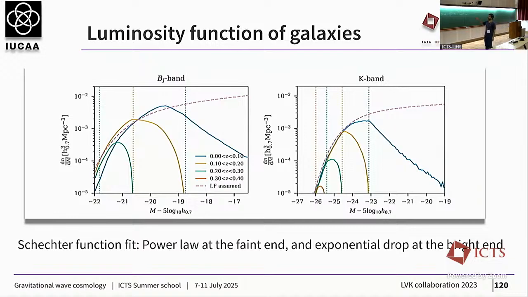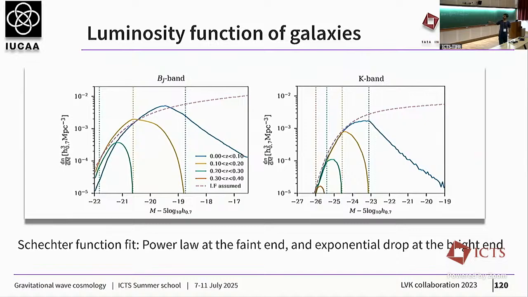So we need to account for all of this. Here is this BJ band luminosity function, and you can start to see sometimes there is some hump, sometimes there are missing galaxies, and so on and so forth. Whether this has to do with errors due to photometric redshifts or not, there's a lot of effort put in to understand some of these systematics within the LVK.